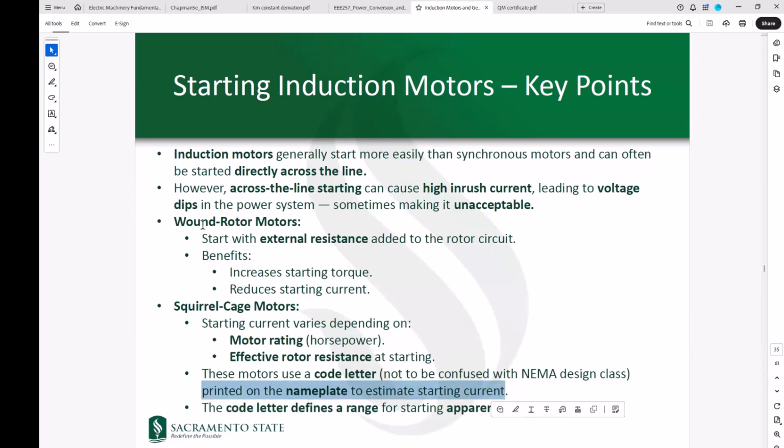So if you have a squirrel cage and want to understand the starting current of the machine, you need to use the code letter. The code letter defines a range for the starting apparent power in kVA per horsepower.